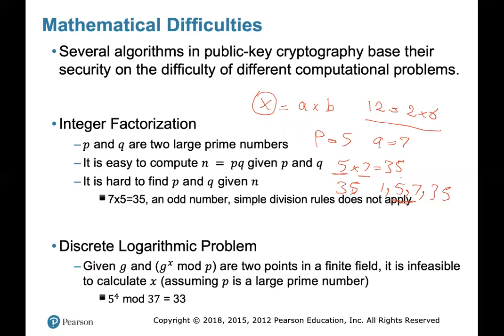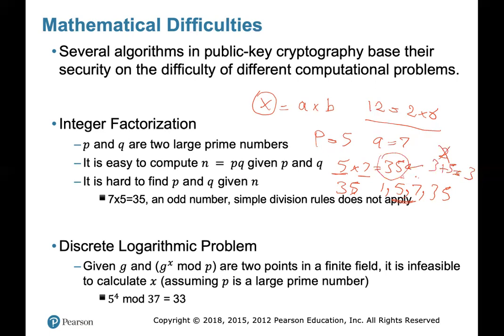So finding 5 and 7 for 35 takes the maximum number of computations, because you don't have any of those rules. This is not an even number, so you cannot say 2 is a divisor of this number. 3 plus 5, for example, isn't a multiple of 3, so this number is not divisible by 3, and so on.